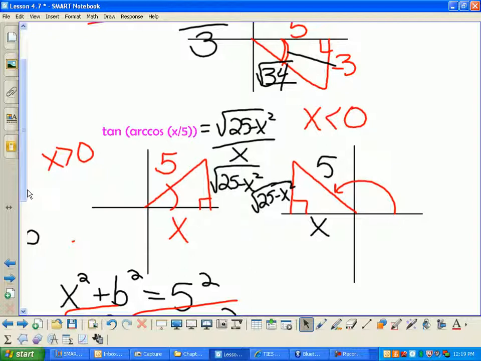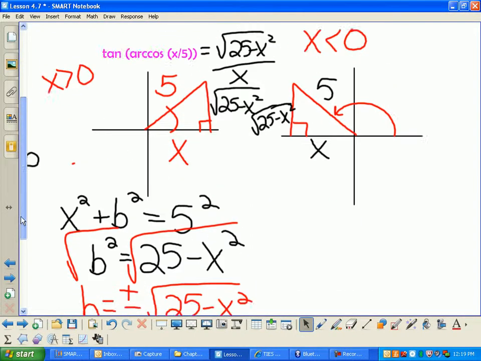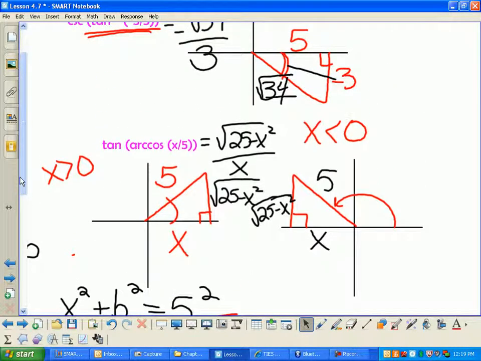If I change what functions are here and here, it ends up being hugely important whether you have the plus or minus, and whether you have the 2 triangles drawn. That's why I showed you how to do it the correct way. The bottom line is when you have an x in there, you do not know the value of x, so you do not know if x is positive or negative. So you have to look at all the possible scenarios.